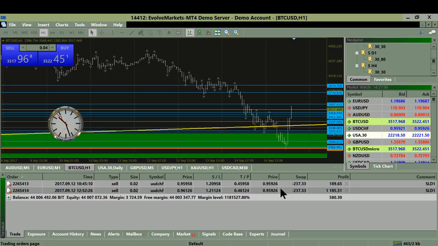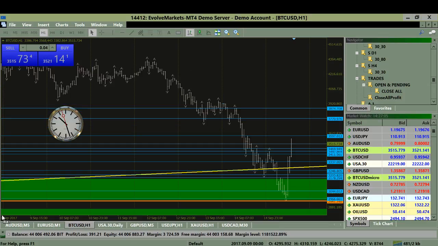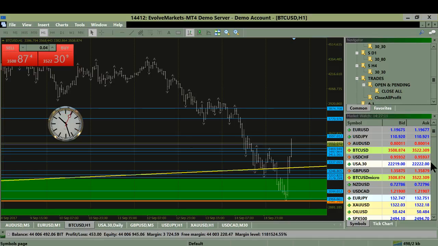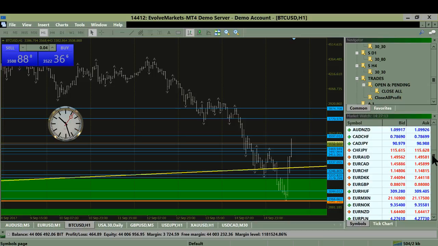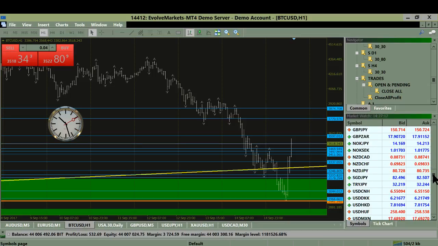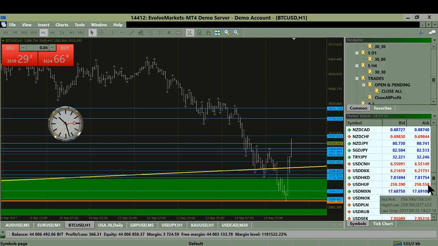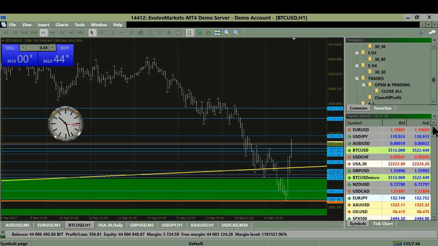I sold the Swiss. Don't have the chart up. Dollar Swiss. This is alphabetical, so it's real. They put the major pairs in highlight up here.